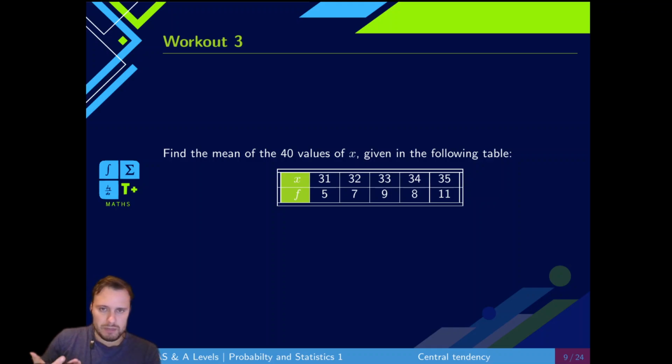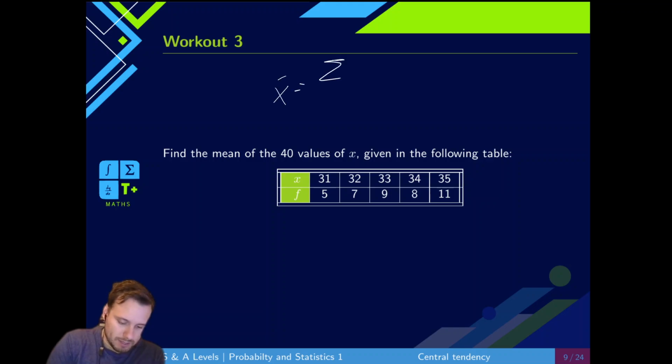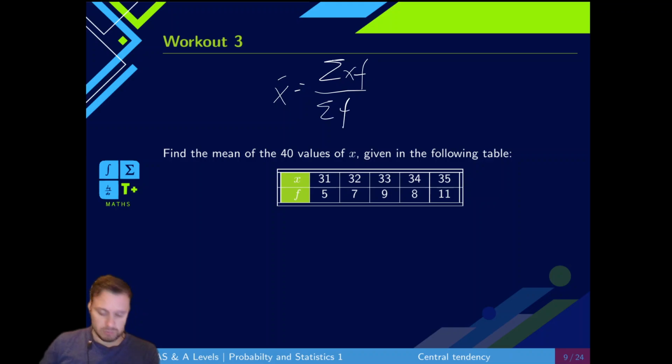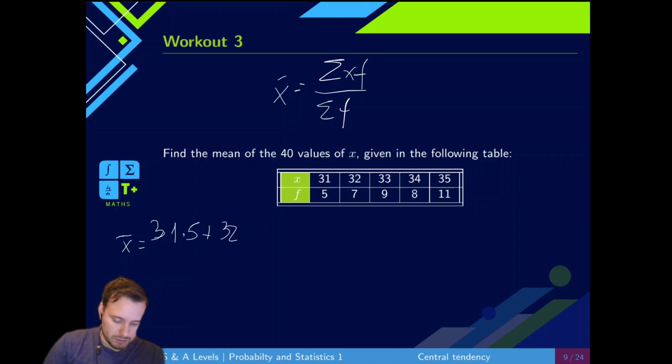But that could be made simpler, as I mentioned earlier, because the mean is the sum of the value of x multiplied by the frequency, divided by the sum of the frequencies. So in this case, the mean of x is the value 31 multiplied by 5, and then we add the value 32 multiplied by 7. This means the value of x multiplied by the frequency, plus the value of x multiplied by the frequency.